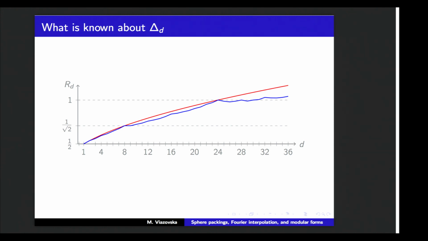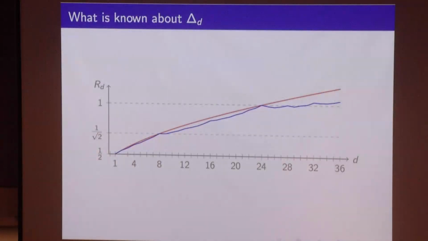What about monotonicity? If we just take this constant delta, it seems like it's not monotonic. For example, in dimension 23 and dimension 24, it's not on this graph, but if you recompute it for delta D, I think in dimension 23 the best known density is actually bigger than in 24.